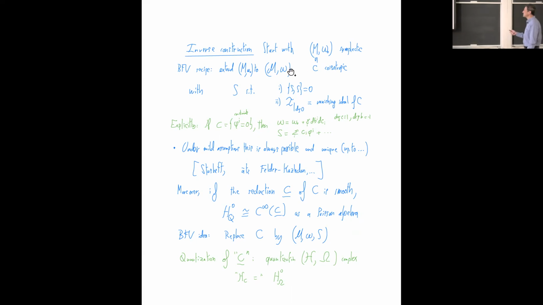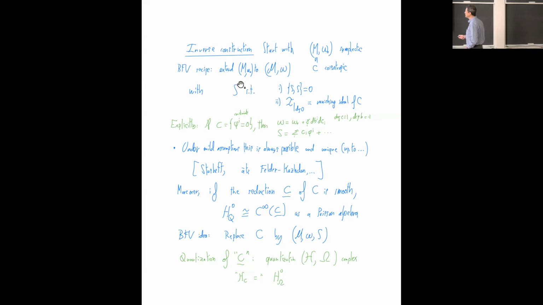So typically you start with a coisotropic submanifold of some symplectic manifold. Here I will assume that it is in degree zero, but it's not necessary. And the idea is to extend this symplectic manifold to some graded manifold, M curly, that contains it, in such a way that you recover this coisotropic C by the previous procedure.